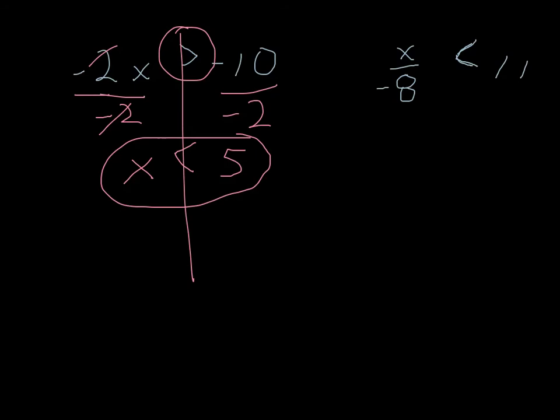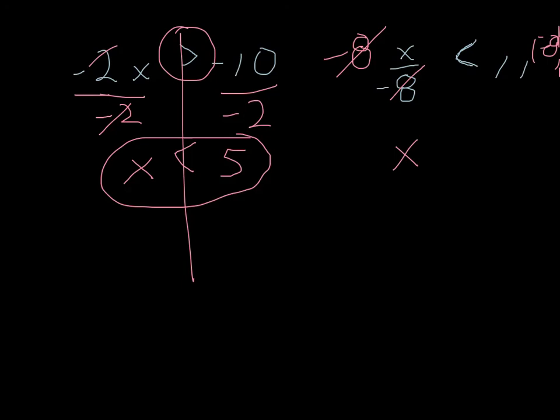Okay, now last example here. x is being divided by negative 8. So the inverse operation of divided by negative 8 is multiply by negative 8. So we're going to multiply both sides by negative 8. Negative 8 times negative 8 cancels, so we're left with x by itself.